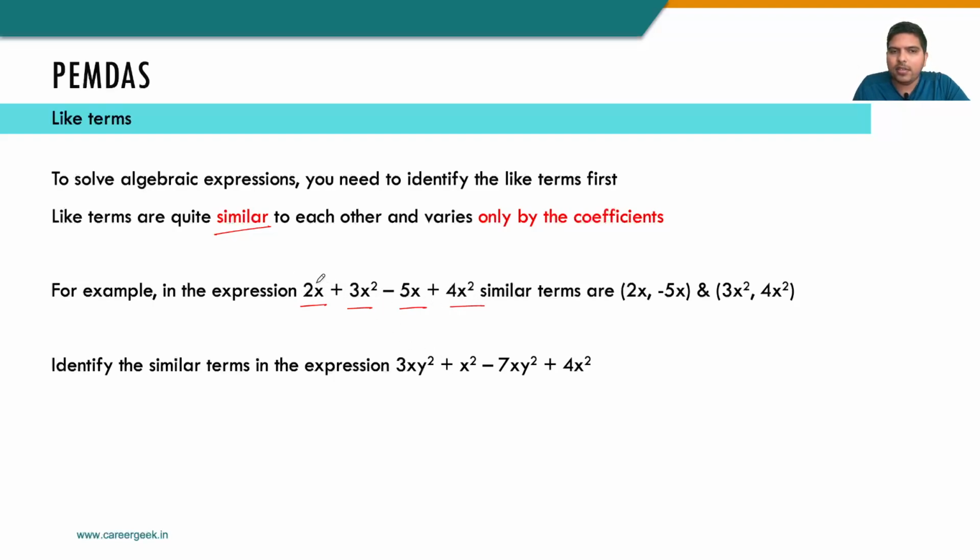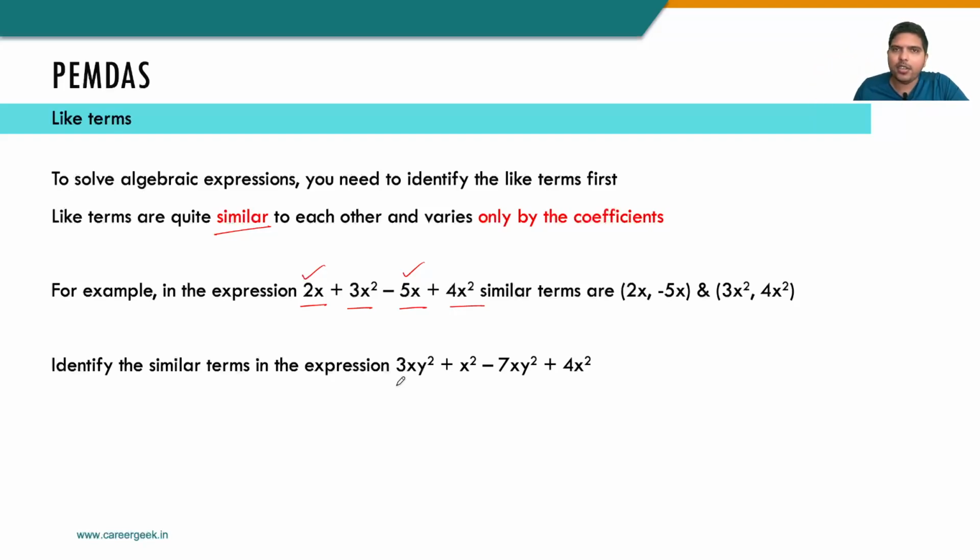As you can see, the similar terms are 2x and 5x. Why? The variable has to be same, x and x, which is basically we're talking of x power 1 and x power 1. Those two are similar terms.